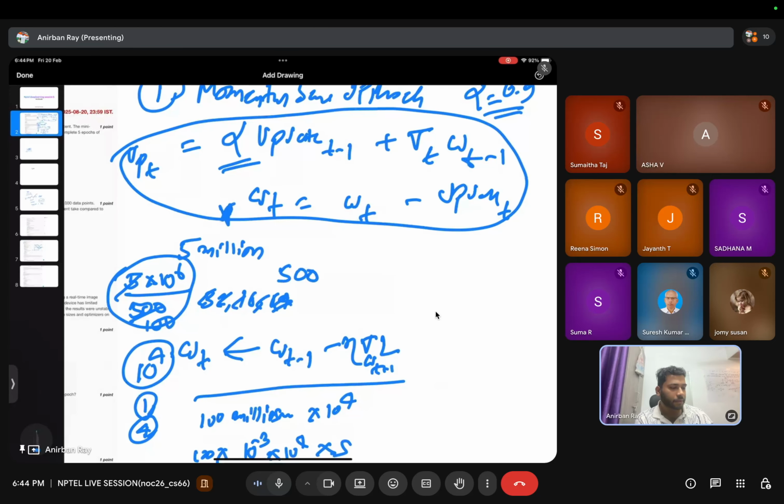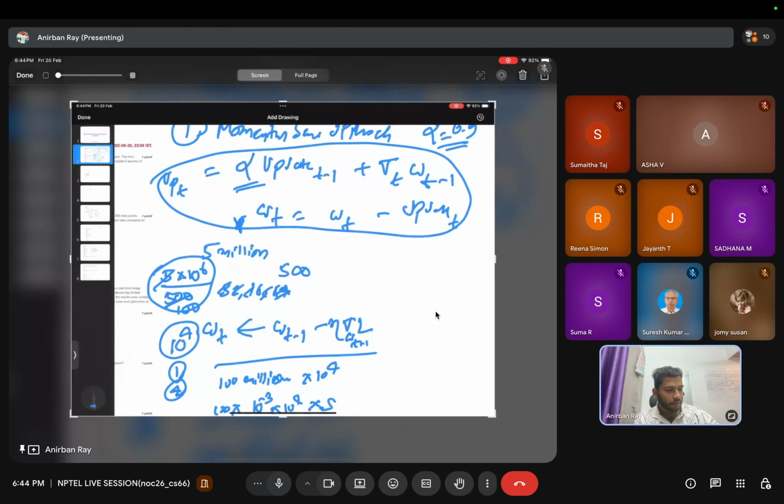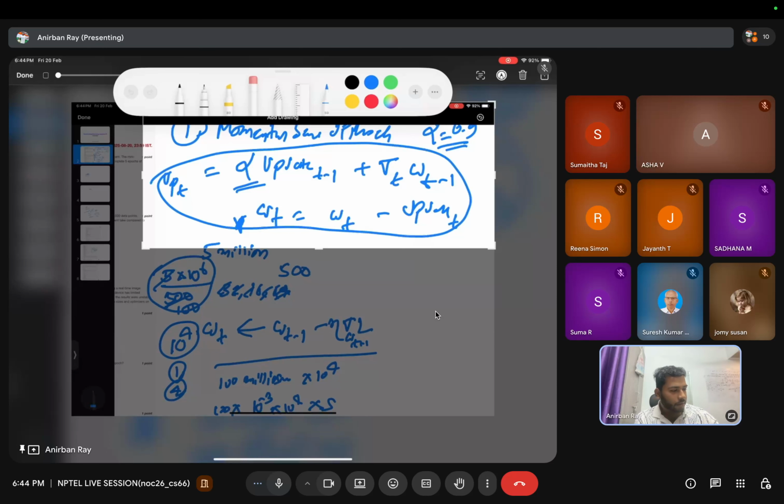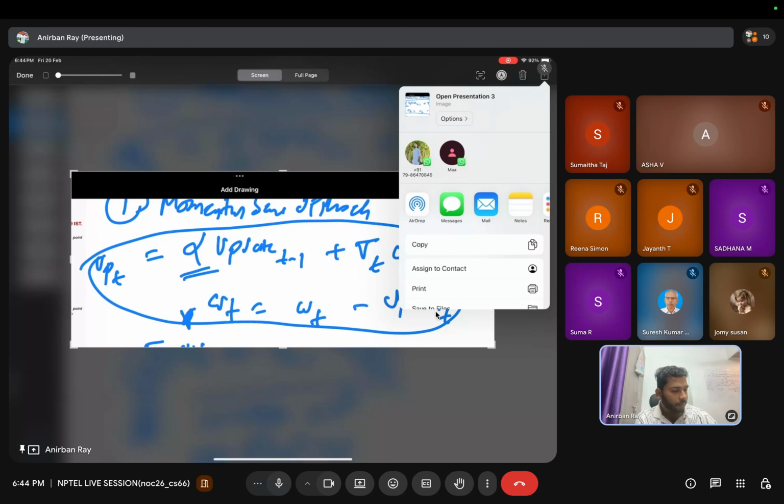This is the equation. Let me take a screenshot here and copy this equation there.